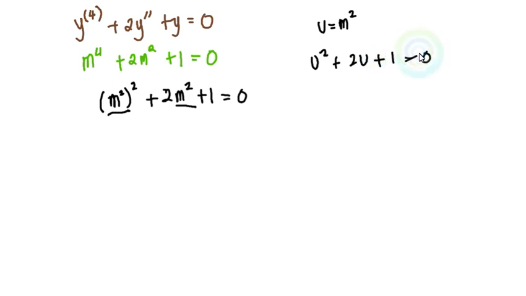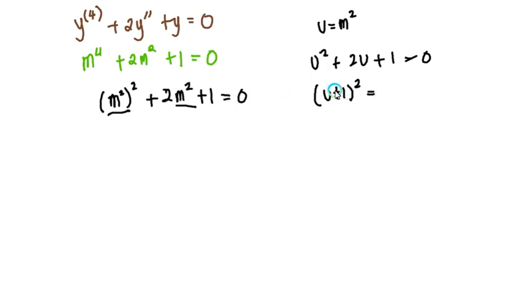Kung i-factor ko man gid siya, this will be equal to u plus 1 squared. Okay? So, or u plus 1 times u plus 1. So, mo na ako nga factor. So, this will be u plus 1 squared. Okay, kung substitutean ko na siya.